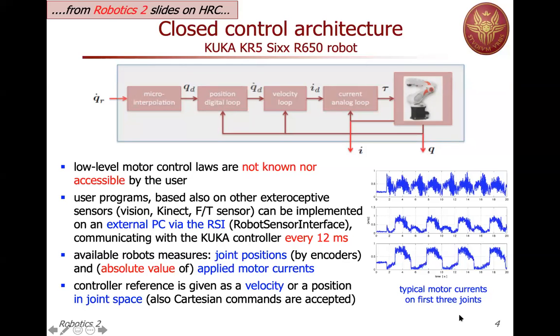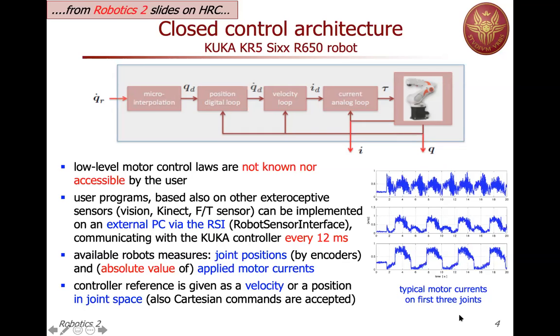However, this reference for the inner current loop, which is typically analog, so it's not a digital control loop, comes from a velocity loop, which looks at the position of the joint, makes some numerical differentiation to get the current estimate of the velocity, compares this with a reference or desired velocity q_d dot, and makes sure that this velocity is being executed.